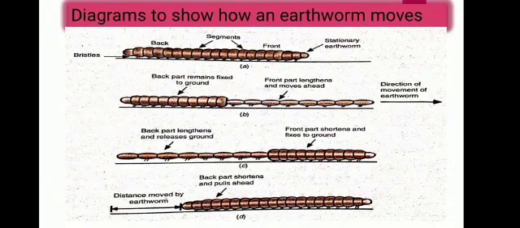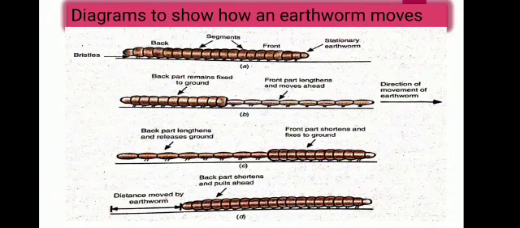Stationary means not moving. So in this position, all the segments of the earthworm body are short and fat. And the bristles on the underside of the body are gripping the ground. See, it is given in diagram A. The earthworm is in stationary position and all segments of the earthworm body are short and fat and bristles gripping the ground.